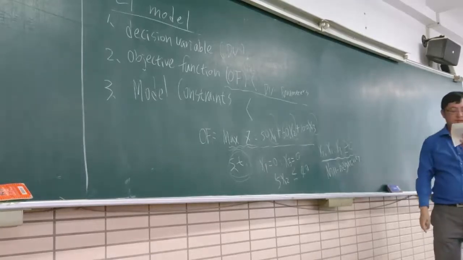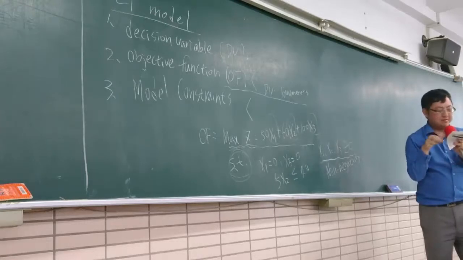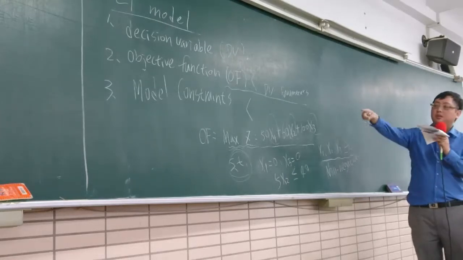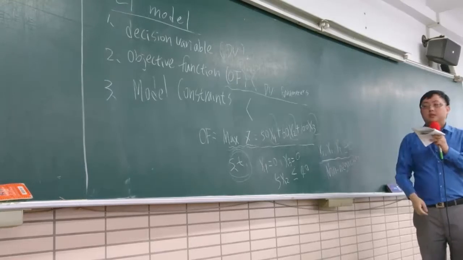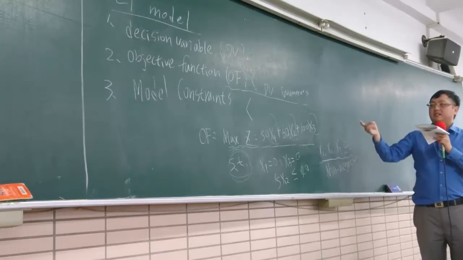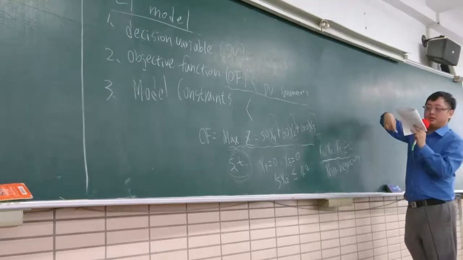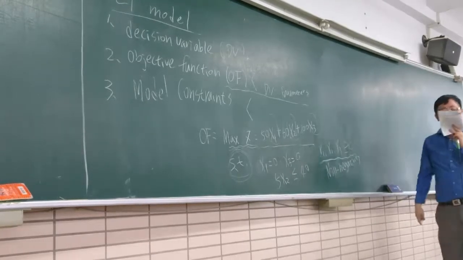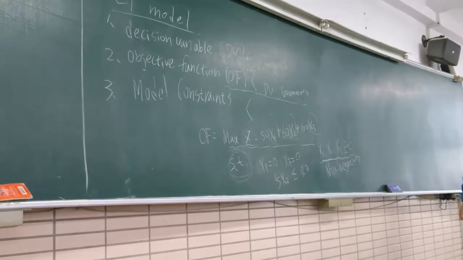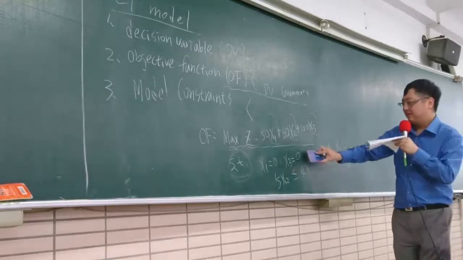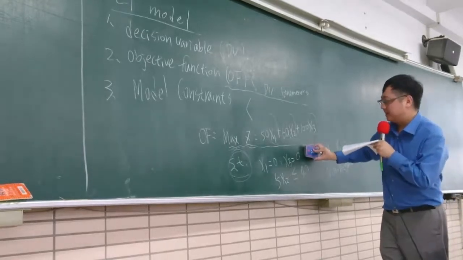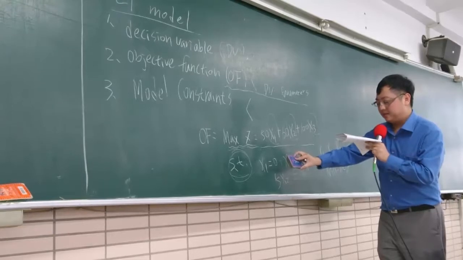Let's see a more difficult type of model constraint, which is about the guideline. Sometimes you will see this. Your boss says, okay, now we can produce teddy bear. Something very annoying. Teddy bear is x1.